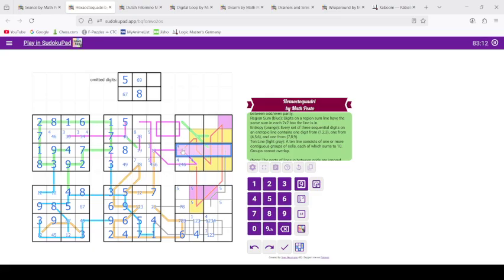I find it so hard to believe that this can be missing 1, 2, or 3.